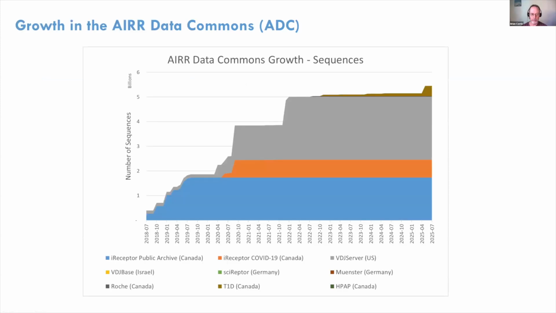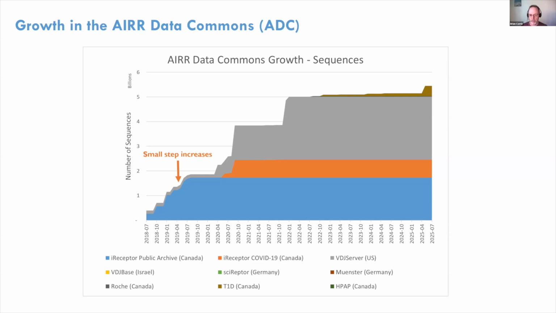So the AIR Data Commons is actually quite large. There are over 5.2 billion annotated TCR and BCR sequences in the AIR Data Commons. This is the history of the growth of the AIR Data Commons. We've been around and in production since 2018 with a significant amount of data. And in the early days, basically, we curated data sets a study at a time, and we had these small increases.